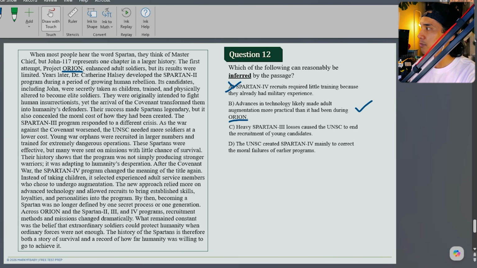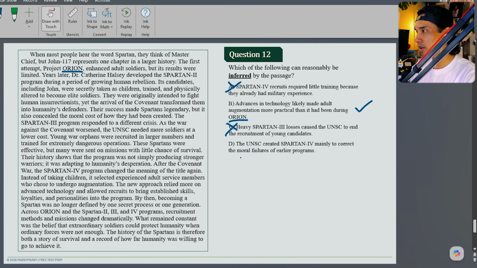It later says Spartan 4 recruited adults. However, it never states that Spartan 3 losses caused the UNSC to stop recruiting young candidates. Okay, this choice turns two separate facts into an unsupported cause and effect relationship. That's what makes C incorrect.